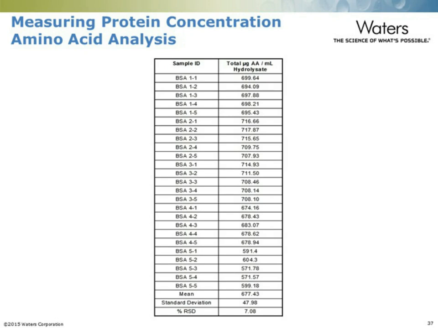The totality of the error is primarily in the pipetting. If we incorporate an internal standard, the standard deviation comes right down closer to 1%. That's the level of reliability that we can expect in measuring the total concentration.